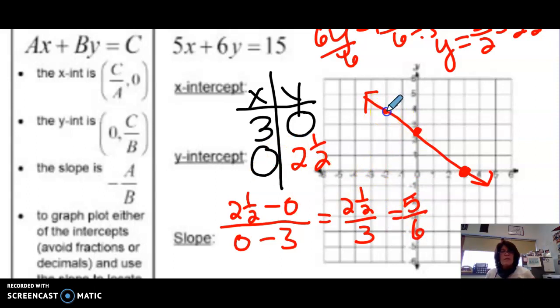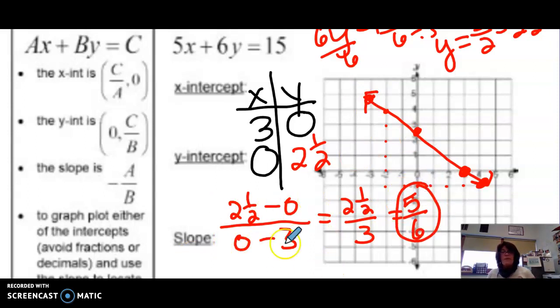So it looks like you go down 5, 1, 2, 3, 4, 5, over 6, 1, 2, 3, 4, 5, 6, and that'll be another point on the graph. Up 5, to the left 6. Yeah, it looks pretty good since I was kind of sloppy.